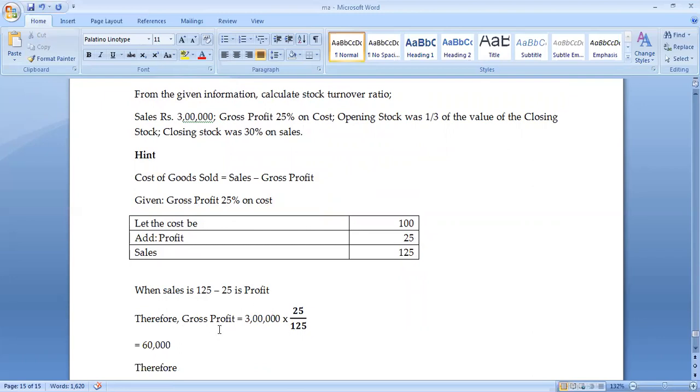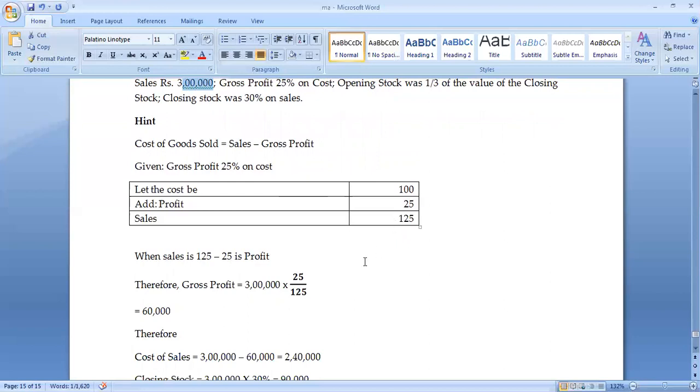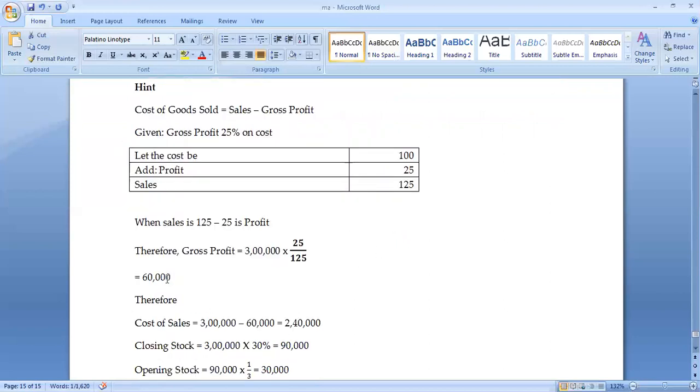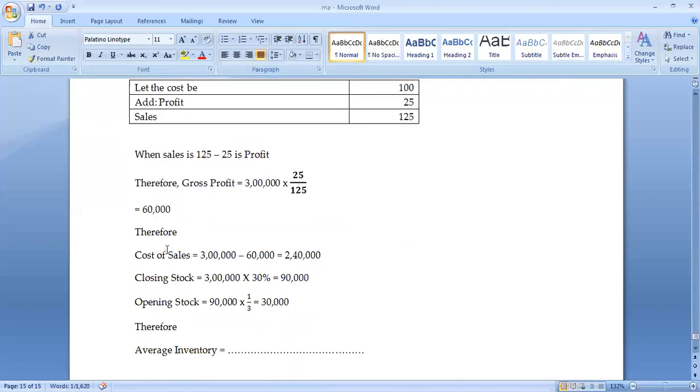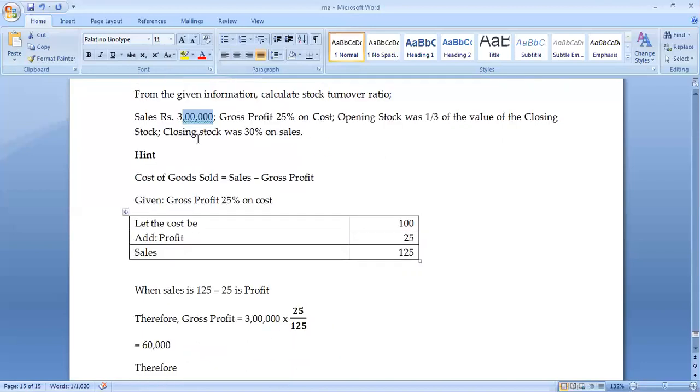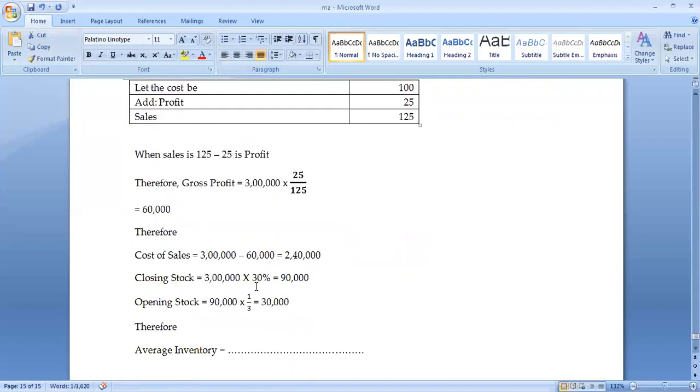So gross profit on sales is 3 lakhs times 25 divided by 125, so 60,000 will be the profit. Now you know the sales is 3 lakhs and you have computed the profit 60,000, so 2,40,000 is the cost of goods sold.